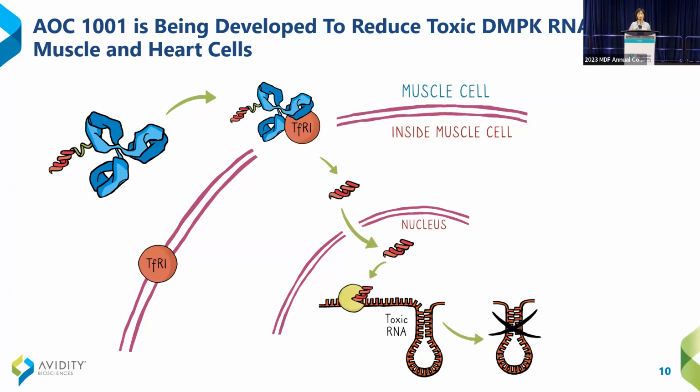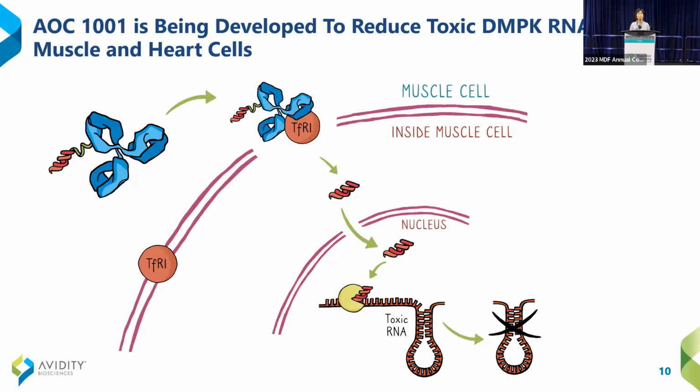So we can think of AOC1001 as composed of two parts, the blue part, which is an antibody, and the red part, which is an oligonucleotide, or oligo for short. The antibody is a class of molecule that can have high specificity to target another molecule. So we leverage this ability to bring the drug to the muscle cell surface and get internalized.